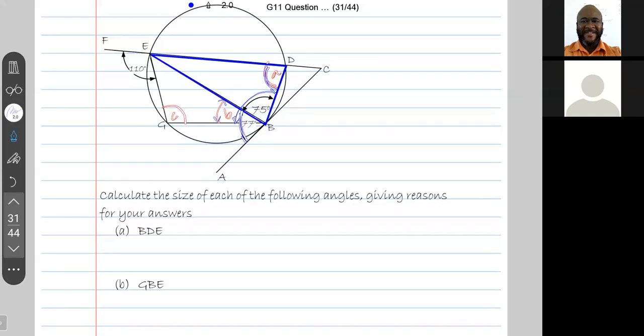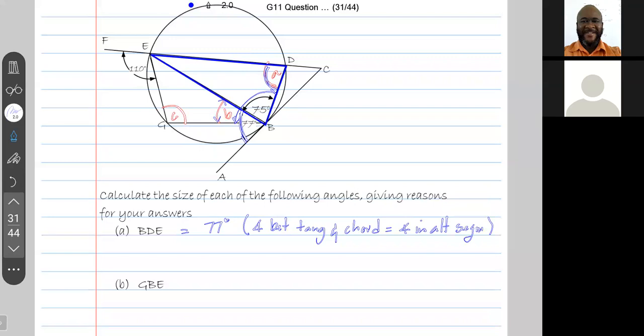So angle BDE, which is A, is equal to 77 degrees because the angle between tangent and chord is equal to the angle in the alternate segment. So the angle at A is 77 degrees.